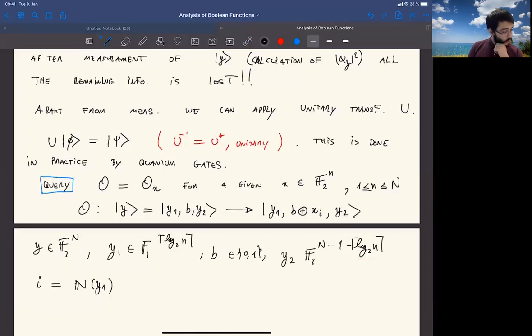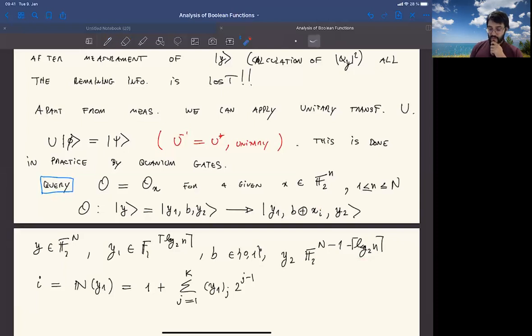So this is, by my definition, 1 plus the summation of j equals 1 to k of y1 coordinate j times 2 to the j minus 1.